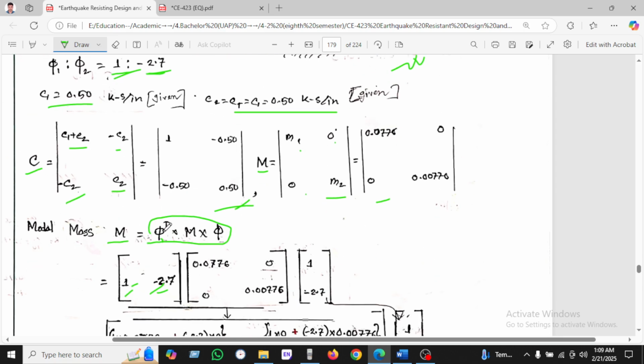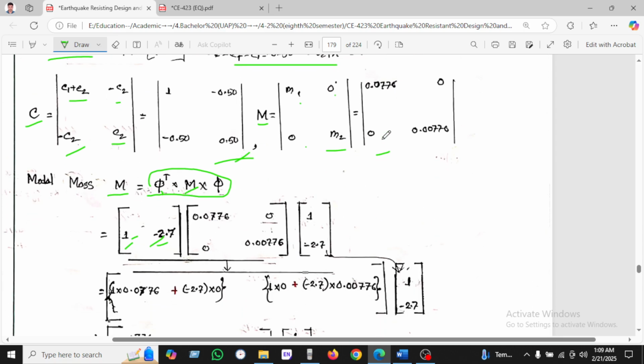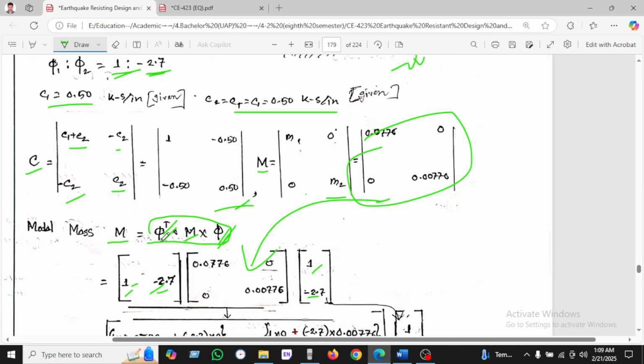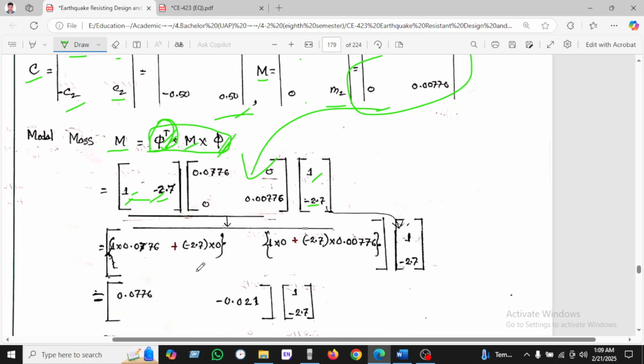And M is found here. The T means transpose, so we have the transpose here.